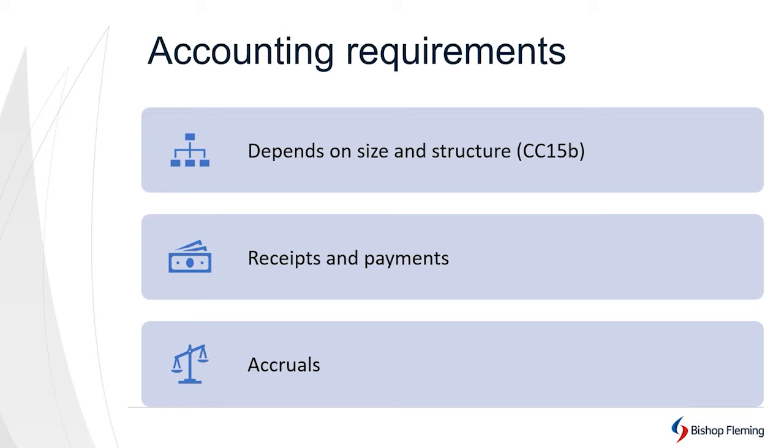These accounts will contain a balance sheet, a statement of financial activities, and they will also include quite a lot of notes which explain what's been going on in the charity, what costs have been incurred, what income has been received, for example.